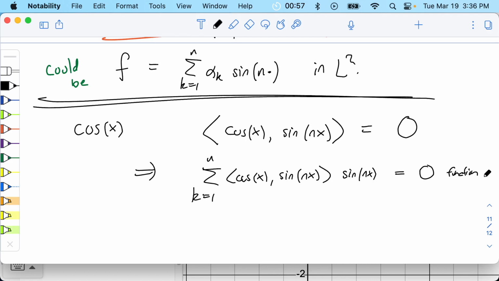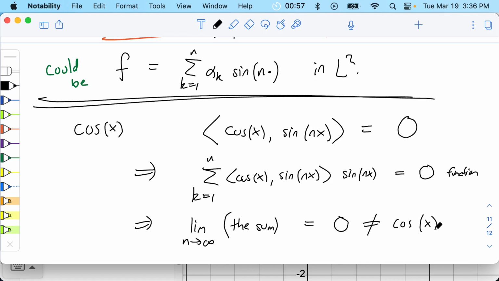Therefore the limit, as n goes to infinity, of the sum equals 0. And that is not cosine. The cosine function is not equal to 0 almost everywhere. So we're not just looking at a point, we're looking at the entire function in L2, and they're different.